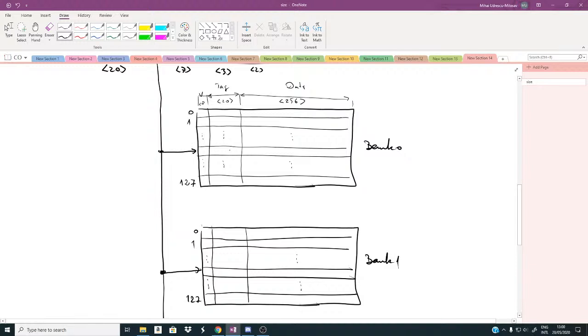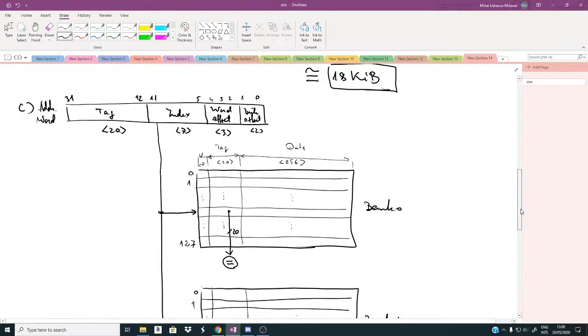And then we compare this, right? This equal sign means a comparison with these bits from the tag.